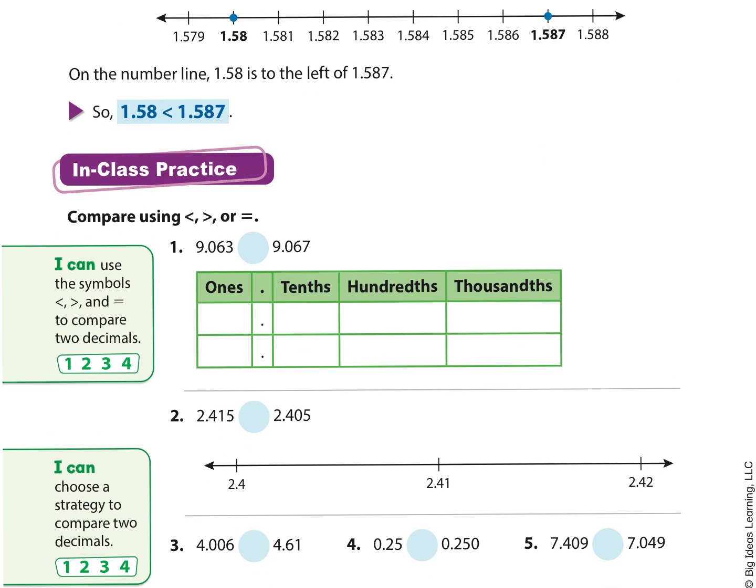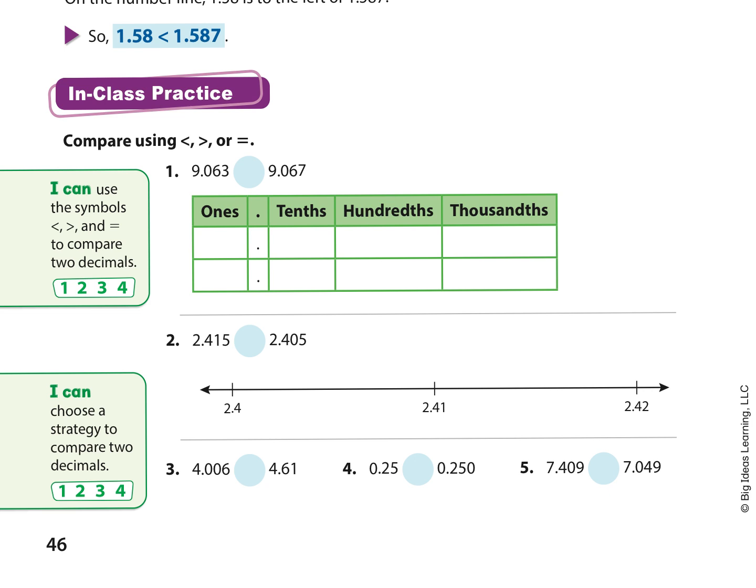All right, let's look at example 1. We are given a place value chart. So what we're going to do, this is what I call stacking numbers. A very helpful tool that I typically use when teaching comparing and ordering is stacking. So we're going to stack our decimal numbers together. When you stack, you want to make sure you line up your decimals.